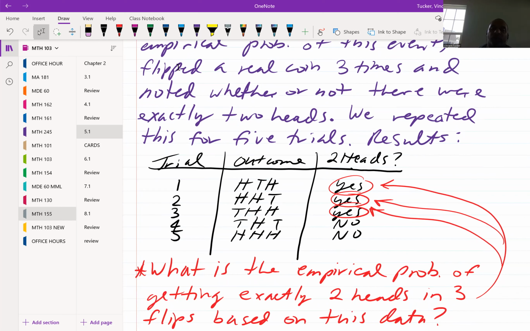So what is the empirical probability of getting exactly 2 heads in 3 flips based on this data?